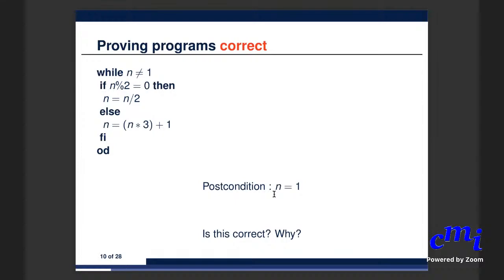That's an interesting question. For example, when n is equal to 5, okay, let's go one at a time. Maybe what you're saying is that for all cases, whenever it terminates, n has to be 1.